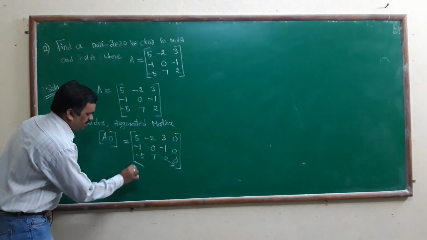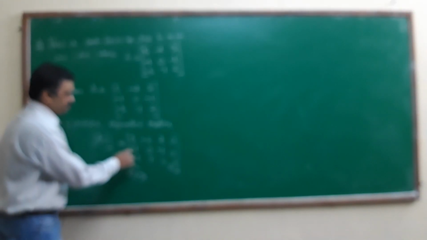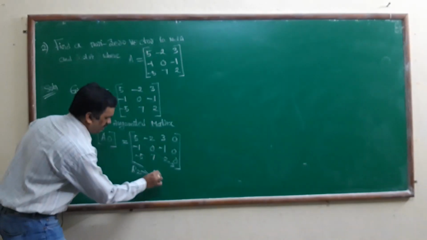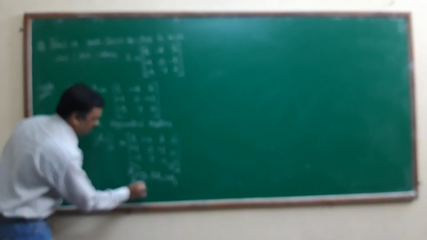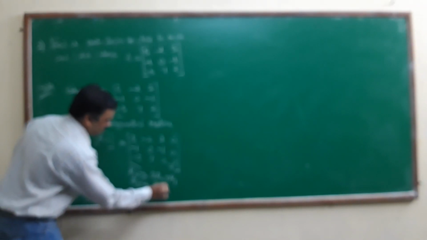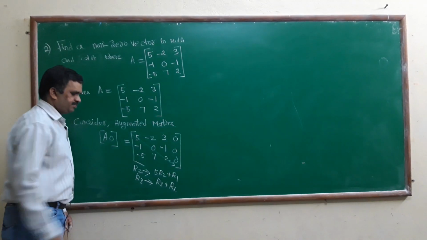So simply R2 implies 5 R2 plus R1: I'll multiply by 5, minus 5 plus 5 is 0. Here I have to make it 0, simply 5 minus 5 is 0 only. So R3 implies R3 plus R1.